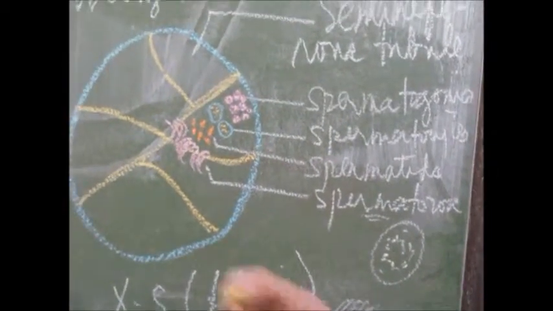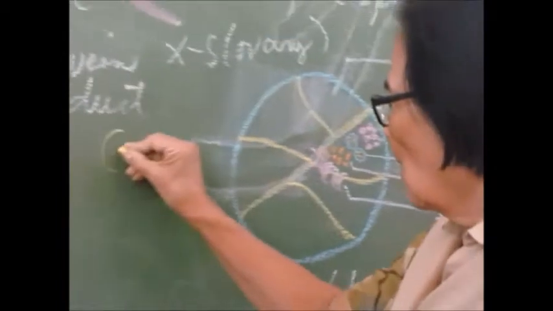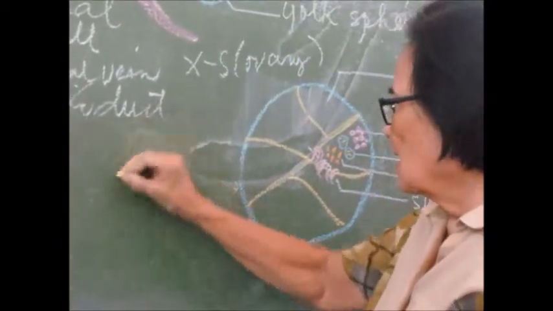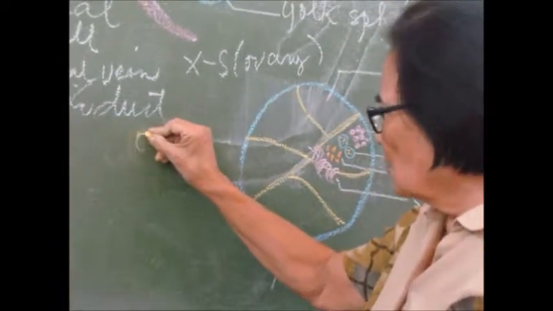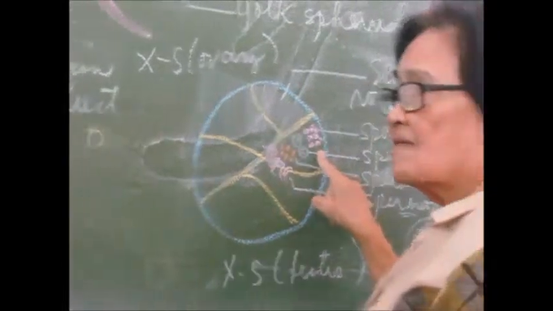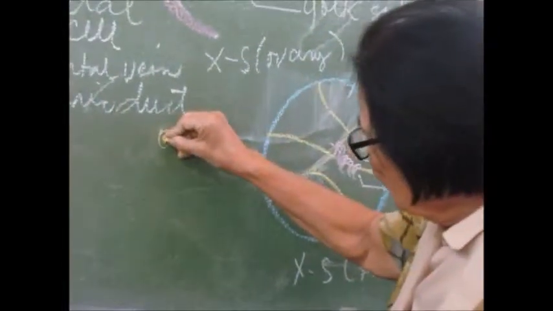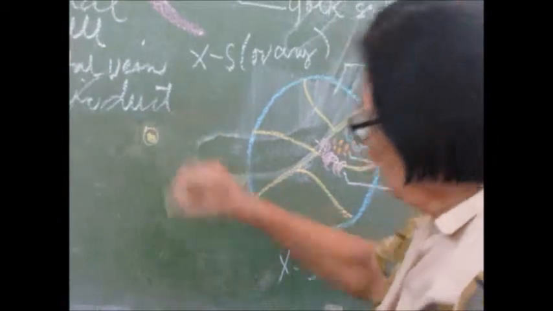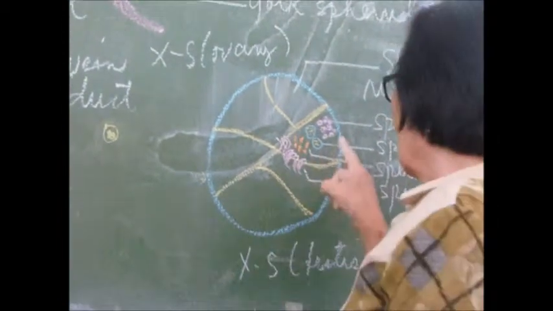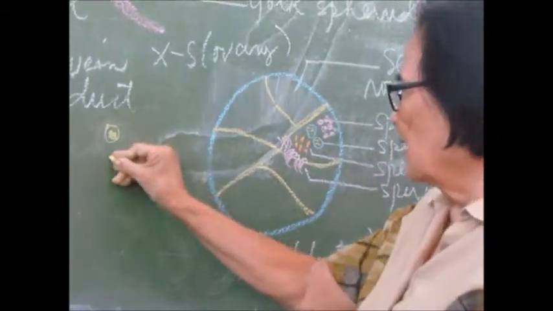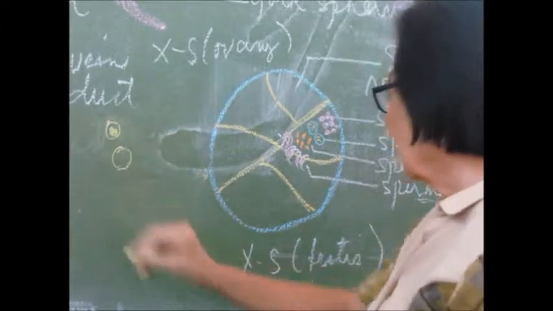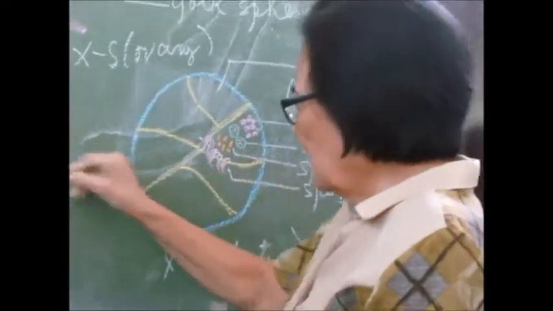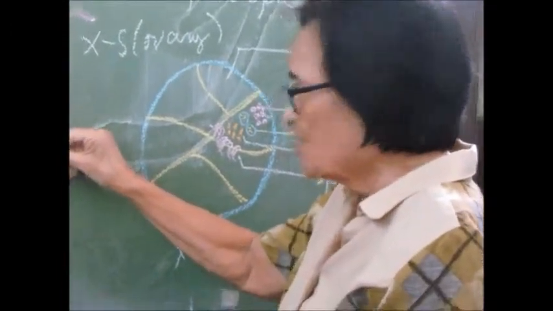Now, you will find, for example, one cell. Okay? And they're found near the outer part of this space, and the nucleus is in the center. And they always form groups. There. Now, the bigger cells, this, and it has a granular nucleus.